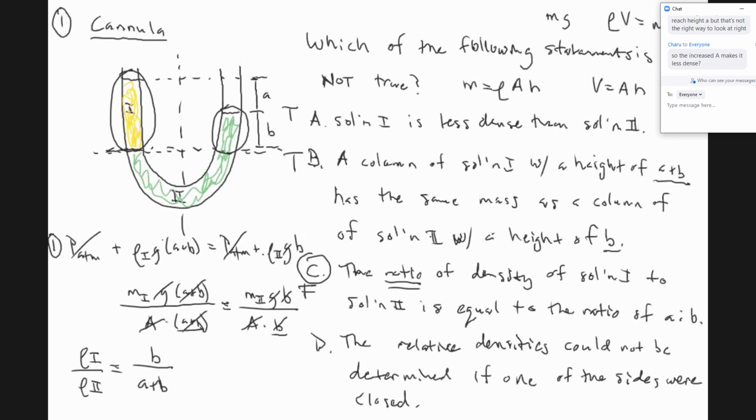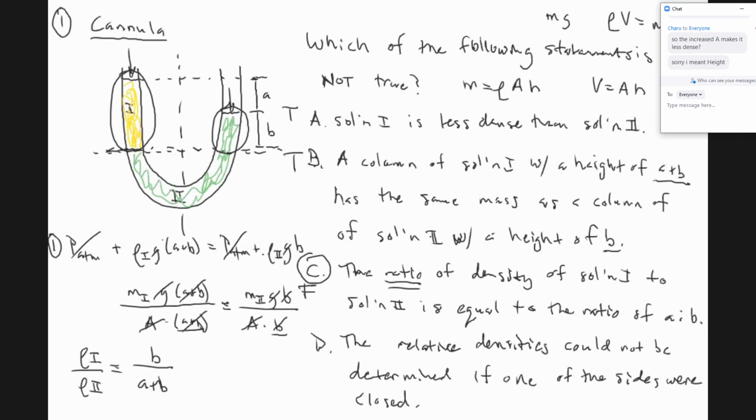Increase A. Are you talking about A as in cross-sectional area? Yes, increase height, because it has less volume, right? Look, if we're comparing, this amount of weight pushing down from that liquid is equal to this amount of weight pushing down from that green part of the liquid.